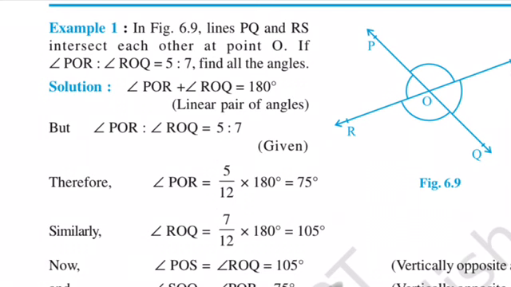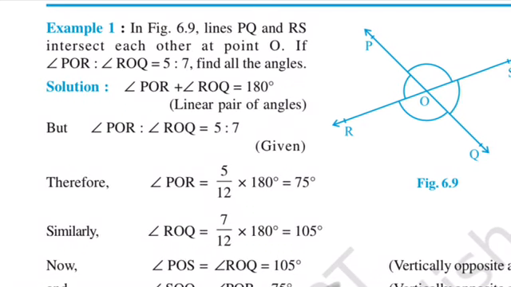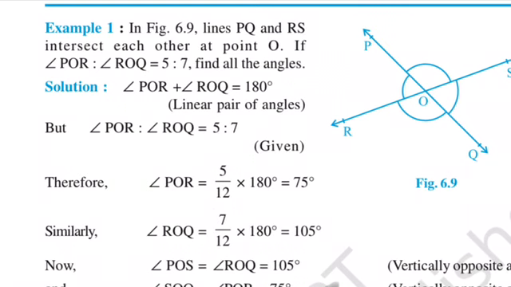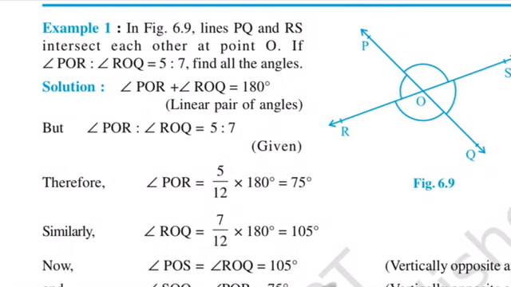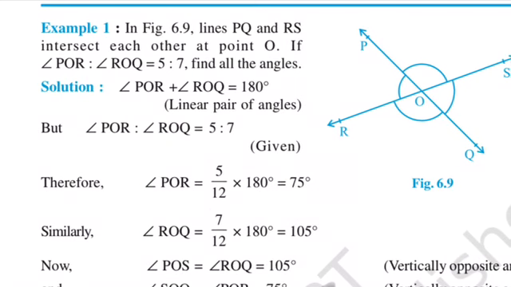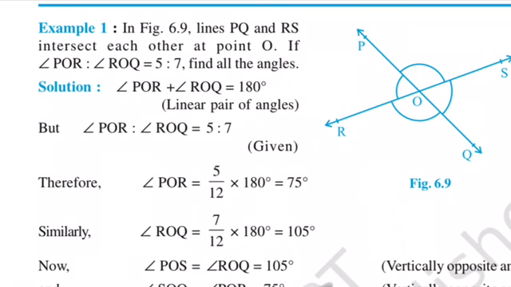Okay, so from the figure you can conclude what? Lines PQ and RS intersect at point O, and these lines form vertical opposite angles.